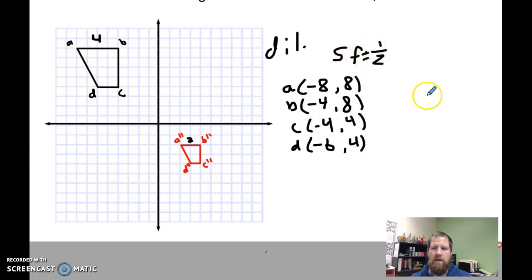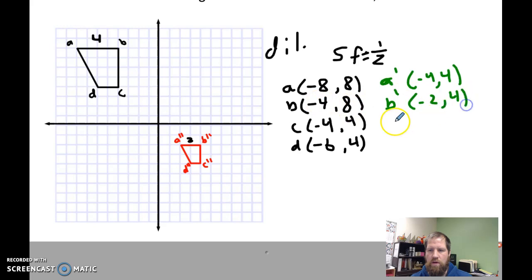I know it's going through a scale factor of 1/2, so I could say that A prime is going to be half of that, or -4, 4. B prime is at -2, 4. C prime is at -2, -2, 2.